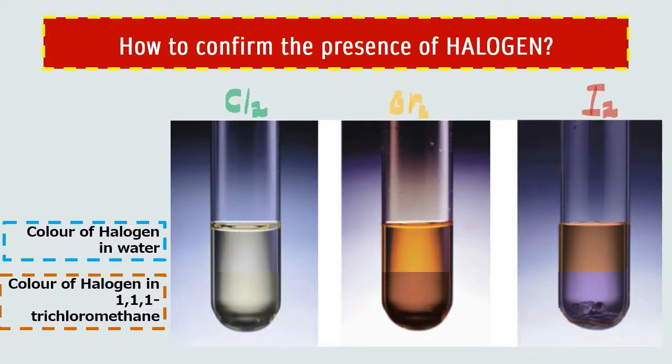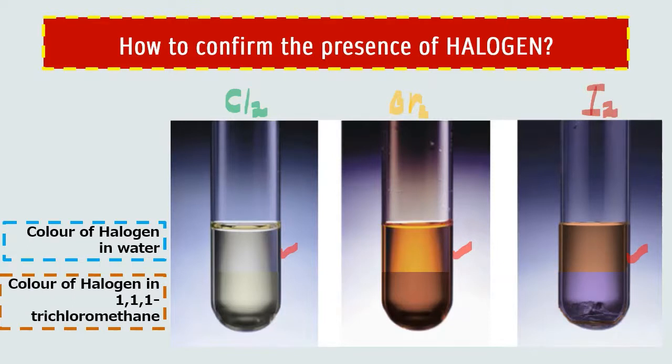In this diagram, I have included the color of halogens in water. Chlorine is greenish yellow or very pale yellow, while bromine is orange or brown according to the concentration of the bromine. Iodine is brown.